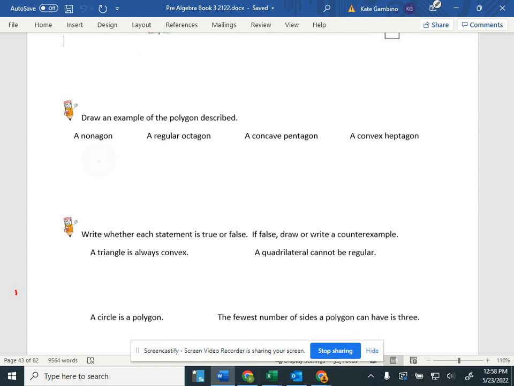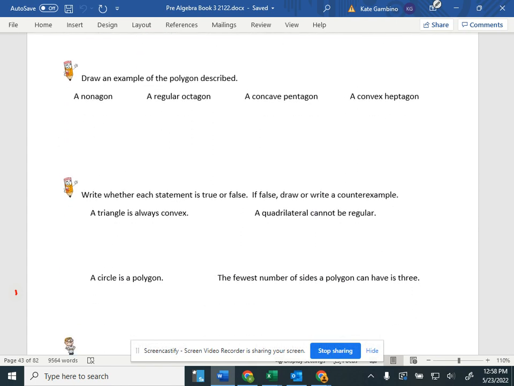Then you're going to draw an example of what one of these polygons would look like. So a nonagon, that's an easy one. Think about how many sides a nonagon has. Draw a shape. It has that many sides. Does it have to be all equal sides? All equal angles? No. You just need to make sure you have that specific number of sides. If it's regular, what does it mean?